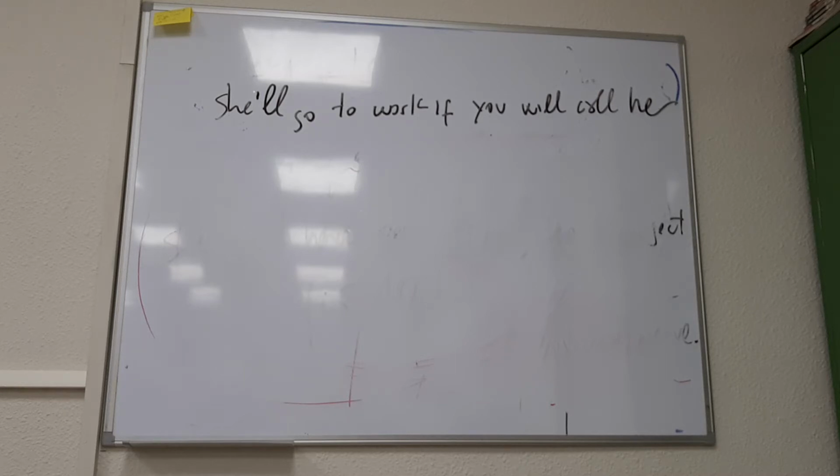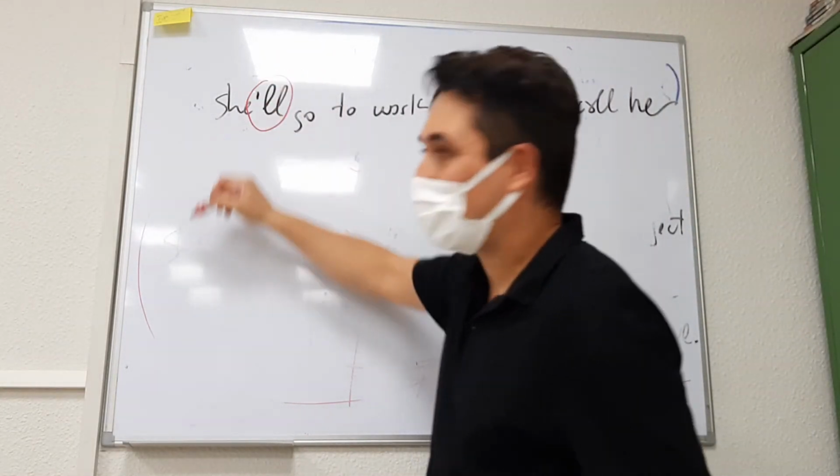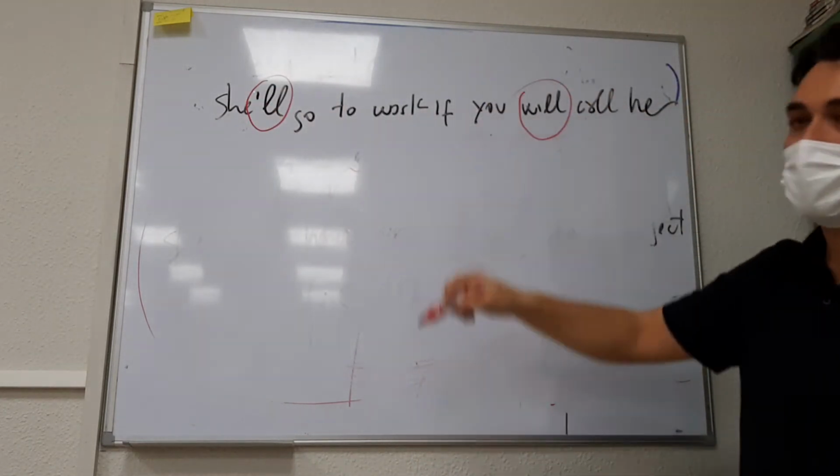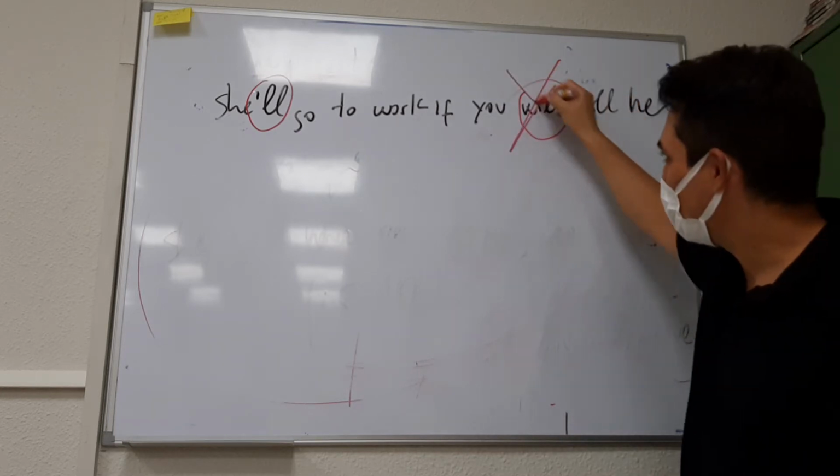Explain that to your partners a little bit more slowly, Irene. Listen to Irene. If it's a conditional, you can use will in the other part. So there is one will here, and one will here. One of them should be removed. This one should be removed. Why?